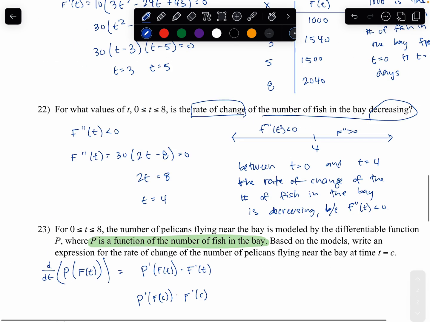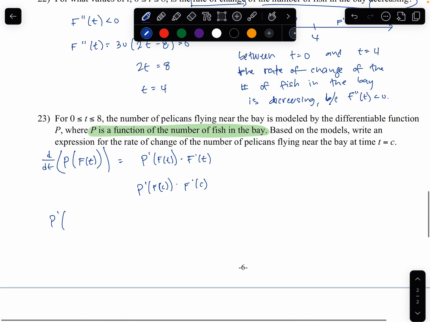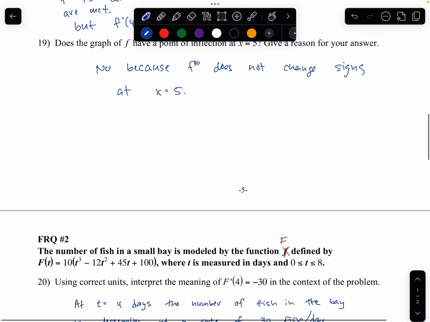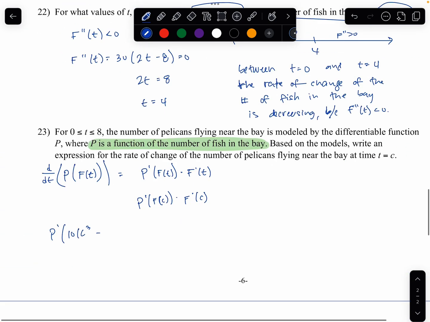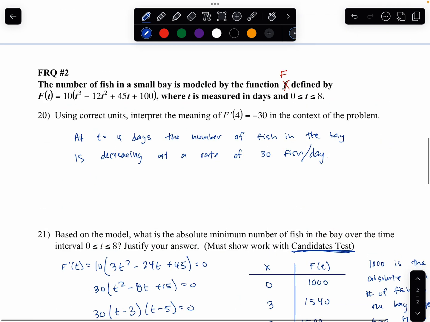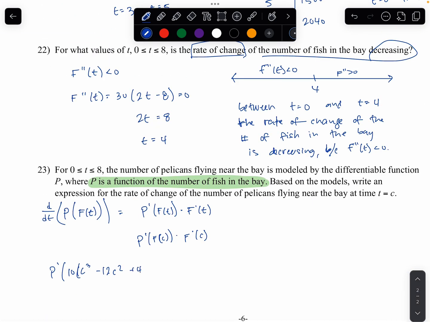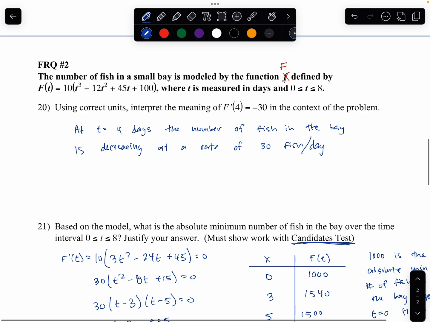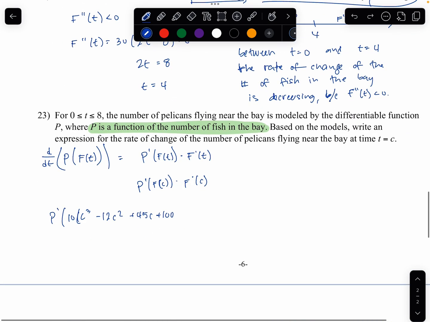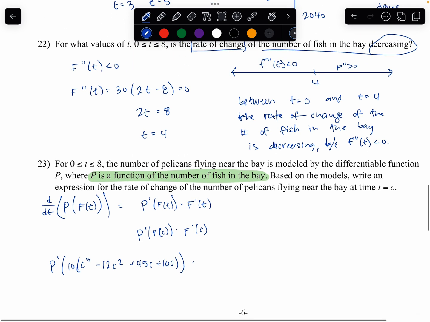So p prime of 10 c cubed minus 12 c squared plus 45c plus 100, times f prime of c.